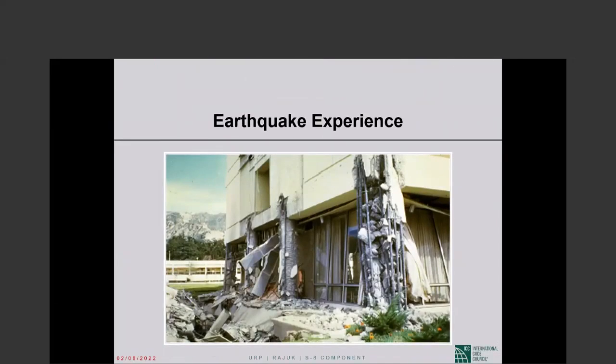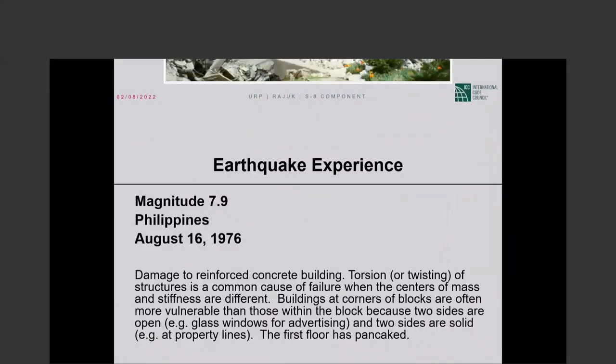The problem was the soft story, the column supporting the discontinued shear walls. If the columns had been designed properly and detailed properly, the building probably would have stood up. That's besides the point. The point is that the irregularity poses a challenge. It causes a problem that has to be addressed.